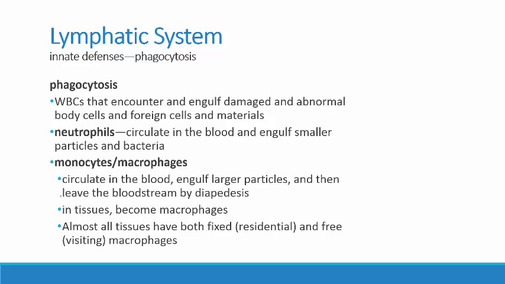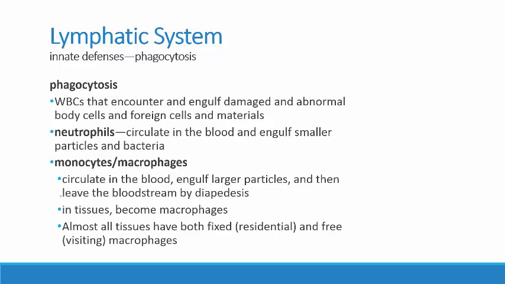And then there are the monocytes that circulate in the blood, and then after 24 hours of that, they will do diapedesis. They will make their way into the tissue fluids, maybe take up residence in specific organs, and their job out there is to engulf the really big stuff.